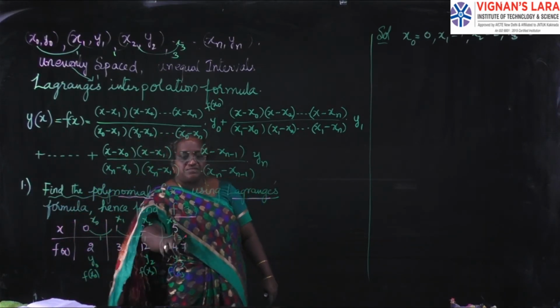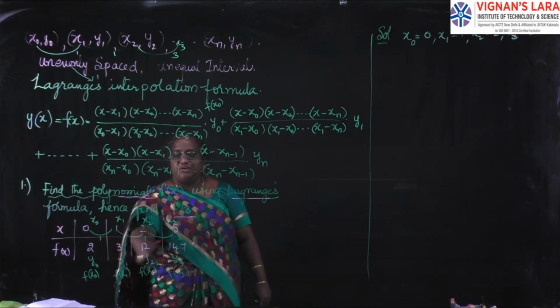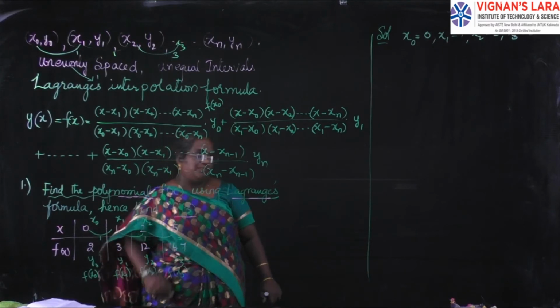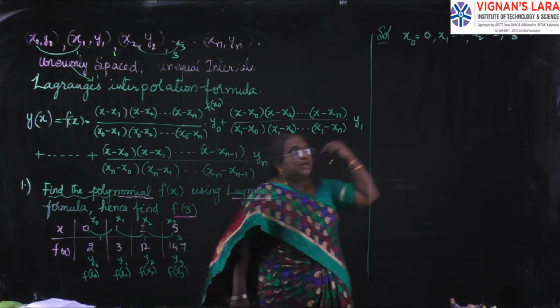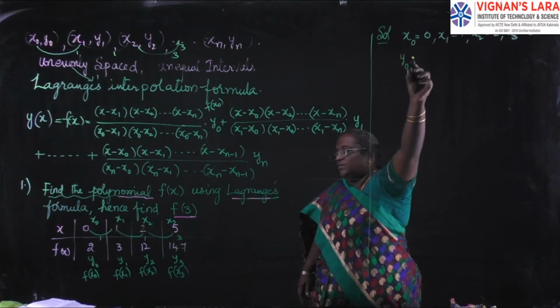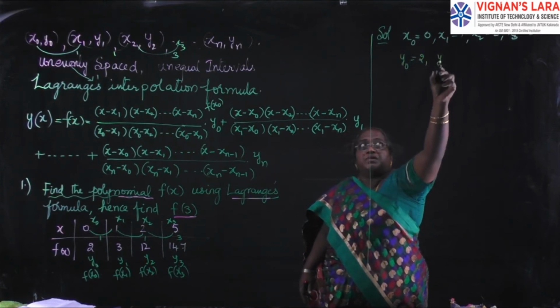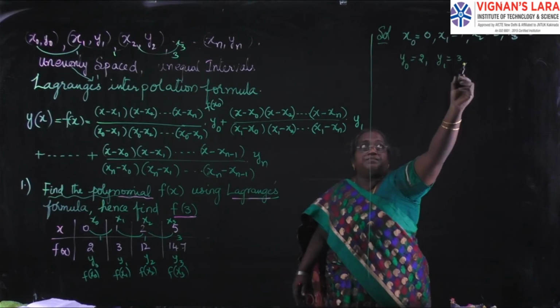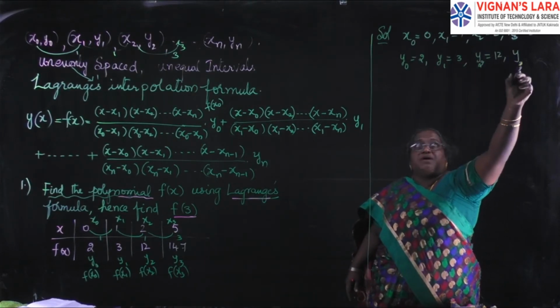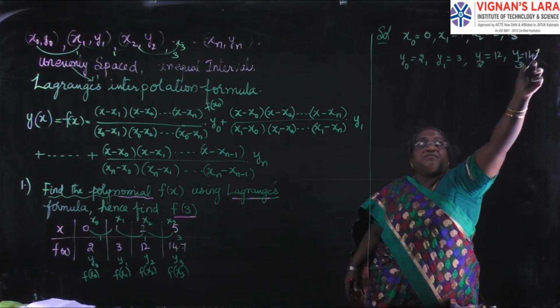But it is given as 5. That means they are not equally spaced. It is unevenly spaced points, so we have to apply Lagrange's. Correspondingly, y0 is 2, y1 is 3, y2 is 12, and y3 is 147.